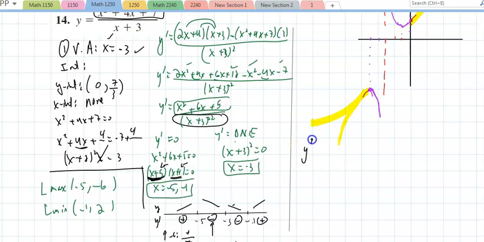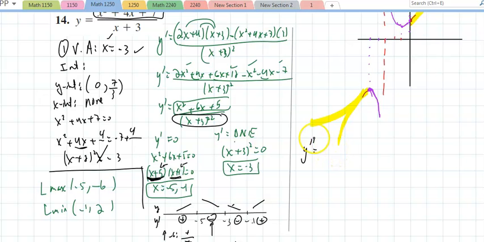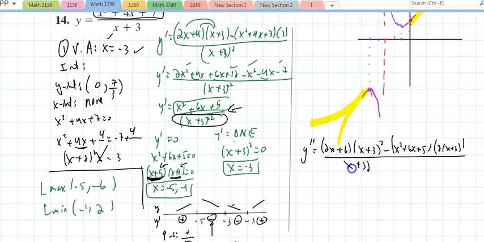So I need to take y double prime. Okay, if I take the second derivative now, it's right there. The derivative at the top is 2x plus 6 times the denominator, minus the top times the derivative of the denominator, all over the denominator squared. Gives you a big mess.